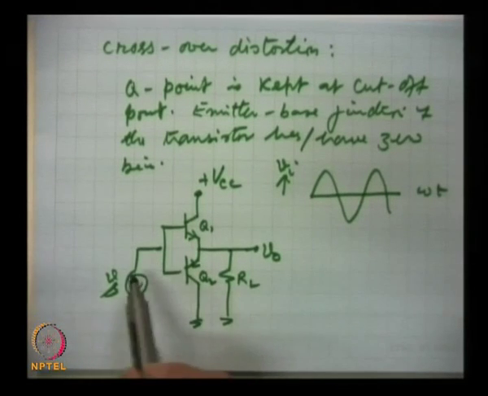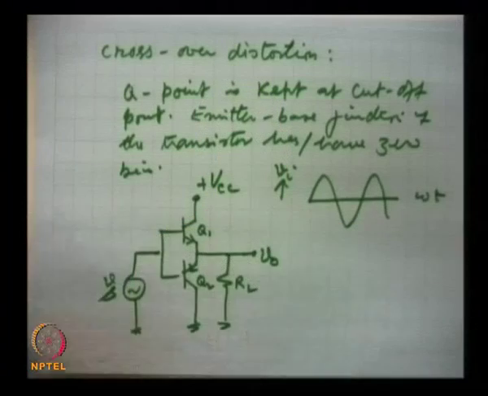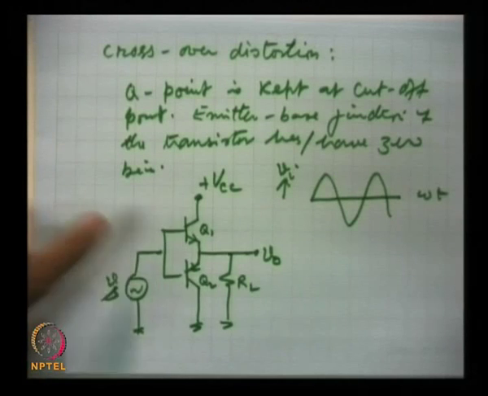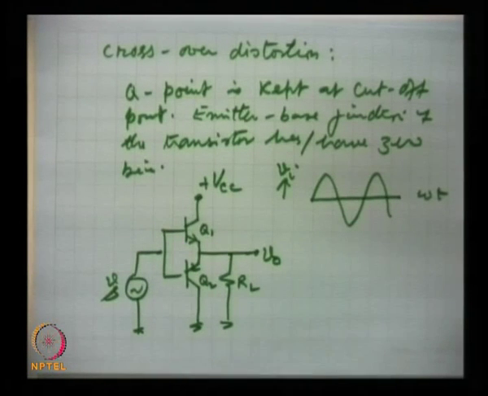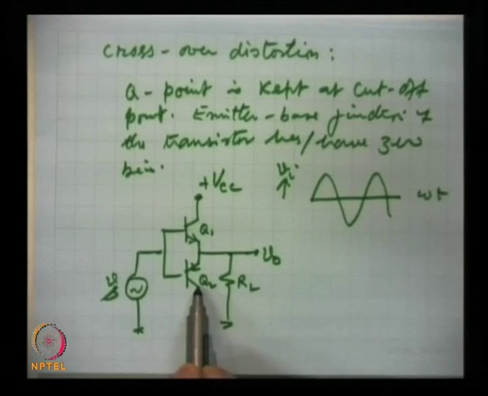We remember that if the devices are of silicon, then this transistor will not come to conduction state unless the emitter base junction is forward biased by 0.7 volts. That means when the signal goes from 0, the first 0.7 volts will be used to forward bias. Only after 0.7 volts the conduction will start. Similarly, in the lower case up to 0.7 this transistor Q2 will not conduct.